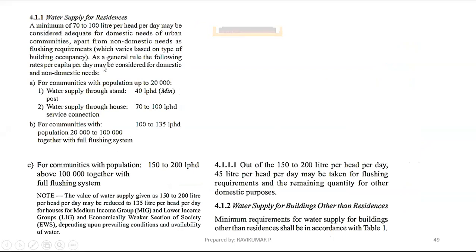As a general rule, the following per capita per day rates may be considered for domestic and non-domestic needs. For communities with a population up to 20,000, water is supplied through stand posts. Up to 20,000 means a small village or small township. If you are designing for a population up to 20,000, you have to consider a stand post.